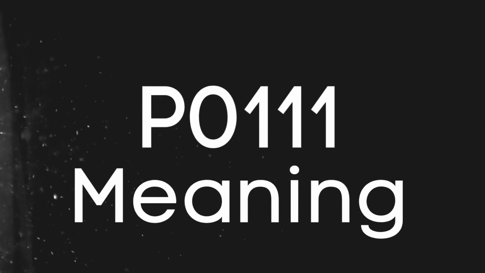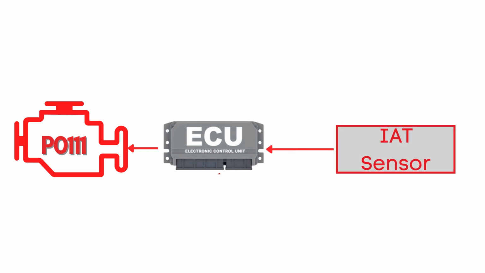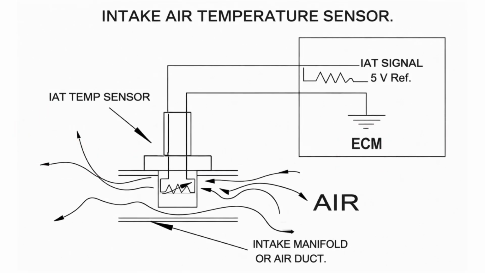First things first, let's break down what the P0111 code actually is. This code gets triggered when your car's engine control module, the ECU, detects a problem with the intake air temperature sensor signal. If that IAT signal is missing, out of range, or inconsistent, the ECU can no longer accurately determine the air temperature.